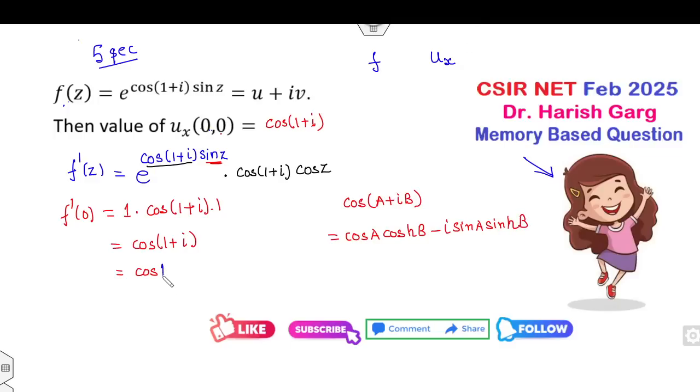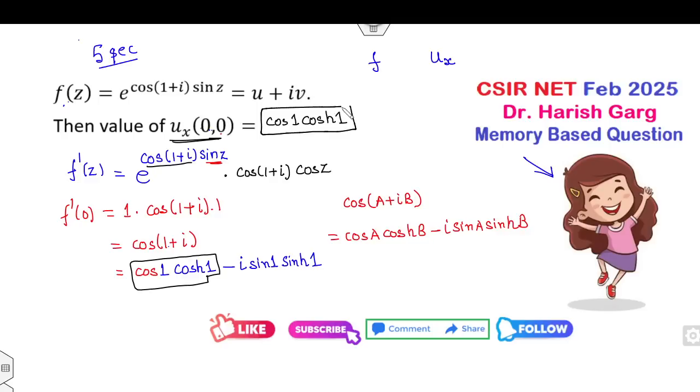So it will be cos 1 cos hyperbolic 1 minus iota sin 1 sin hyperbolic 1. But because we need the real component, that is the answer of this problem. So that will be cos 1 cos hyperbolic 1. If this is the answer given in the options, then you can select it.